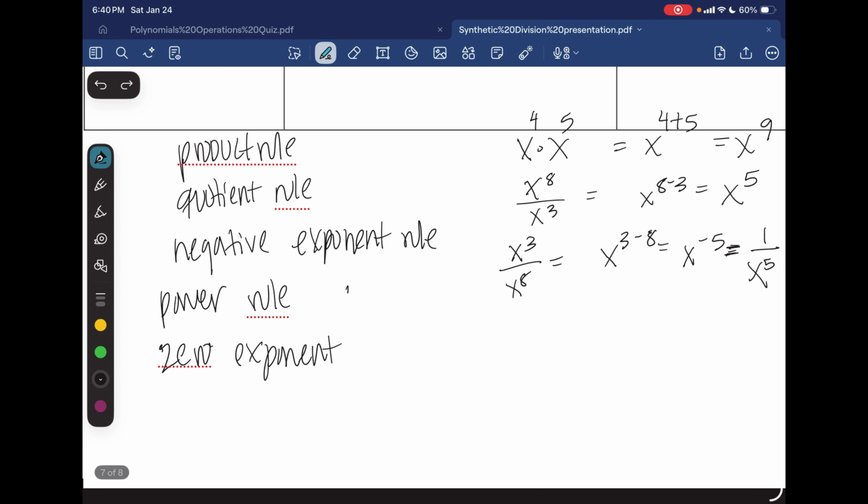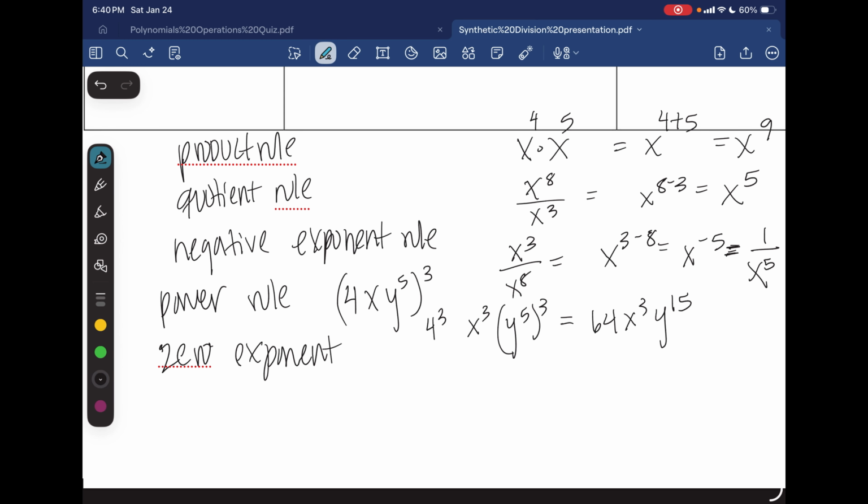Power rule: if you have 4xy to the fifth, all to the third, well, you're taking 4 to the third, x to the third, y to the fifth to the third, which gives you 64 x to the third y to the 15th.